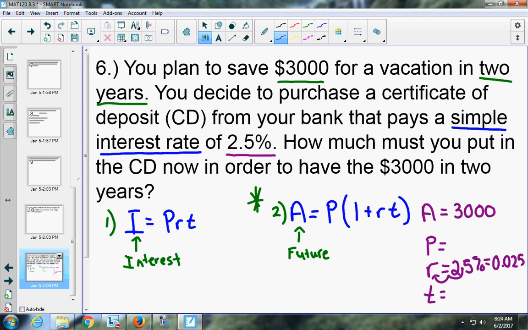How much must you put in the CD now? That's asking me how much I'm depositing, so I don't know my principal. In order to have the $3,000, which we already said was A, in 2 years. So that 2 years pops up twice. It has to be my time. It's already in years, so I can just leave it 2.